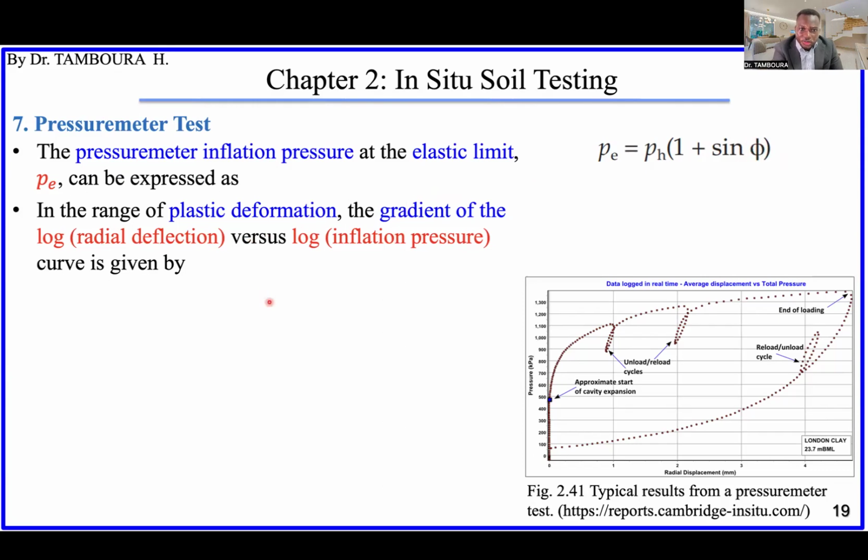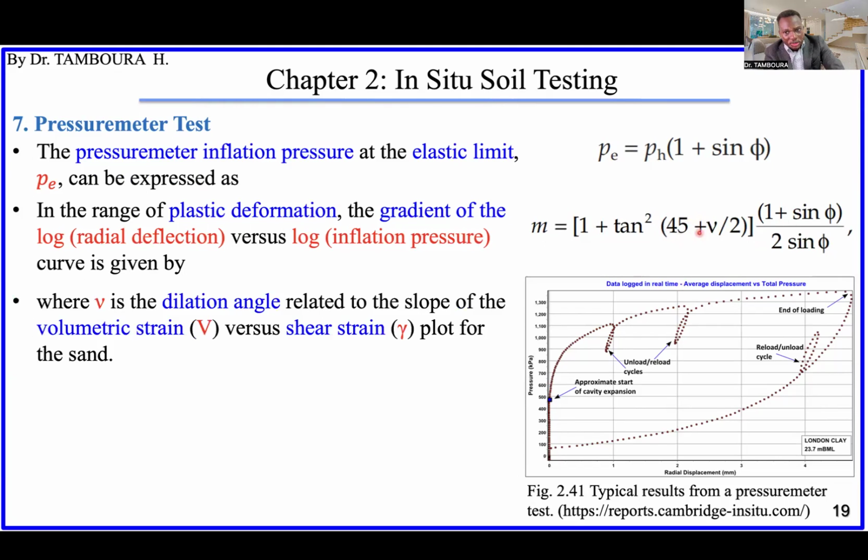In the range of plastic deformation, the gradient of the log of radial deflection, this one, versus the log of inflation pressure is given by this one. This modulus. We will see soon how we can use these two to obtain soil parameters.